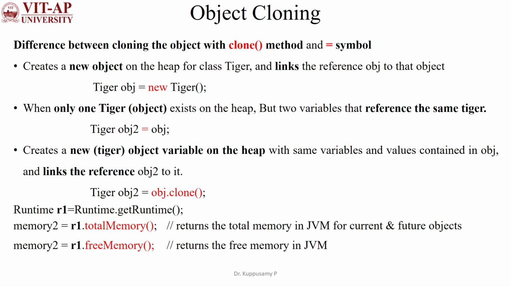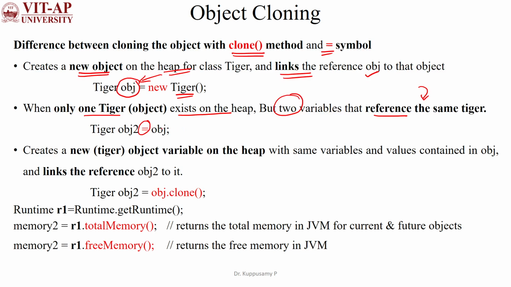Now what is the difference between the clone method and the equal symbol? When you are creating a new object obj by using the class Tiger, it is generating the object and allocating memory locations in the heap, and making the variable obj reference that object. When only one Tiger object exists on the heap memory, but we want to make the reference to the same Tiger by using two variables, then we can use the equal symbol.